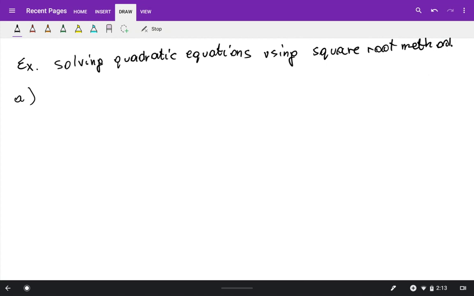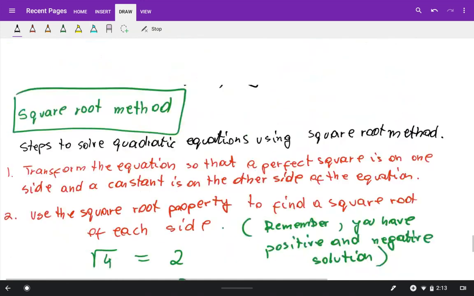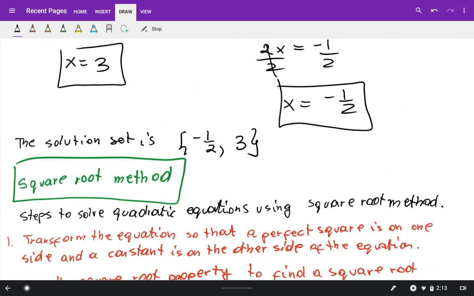I have x squared minus 16 equal 0. So first of all, when you're going to use the square root method, let me write this down. Use it when you don't have x in quadratic equation.